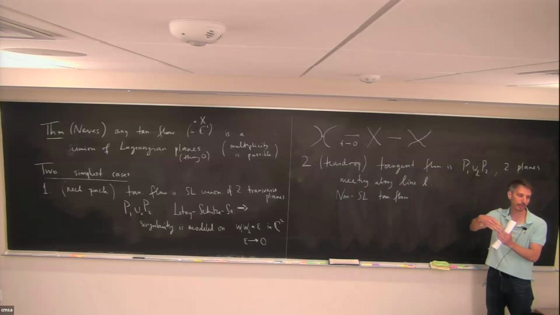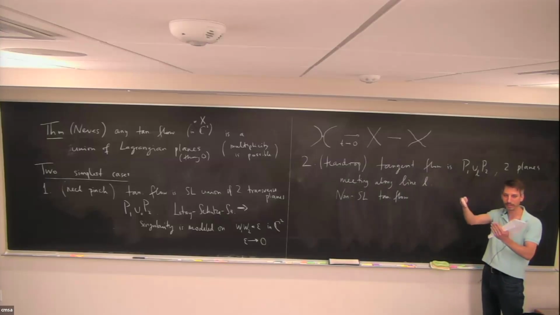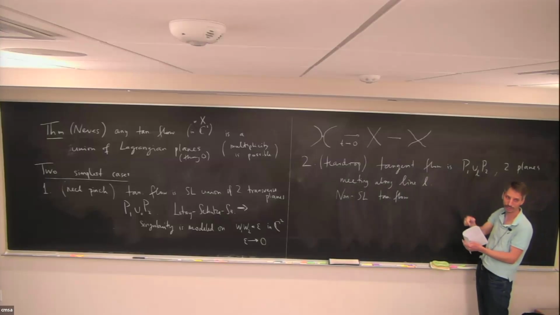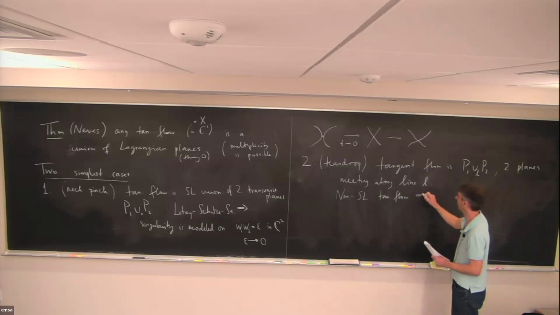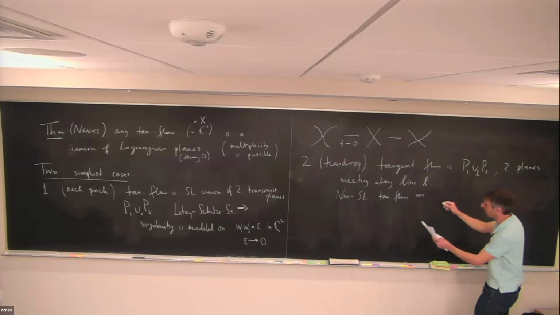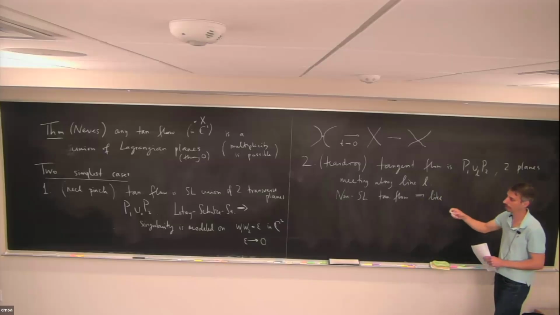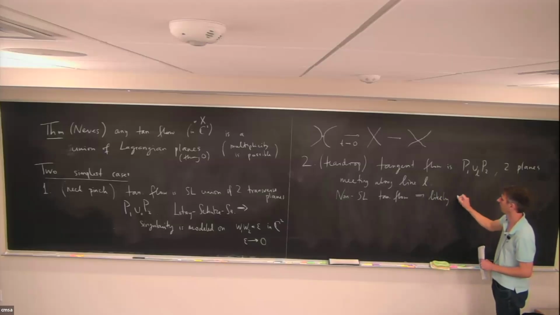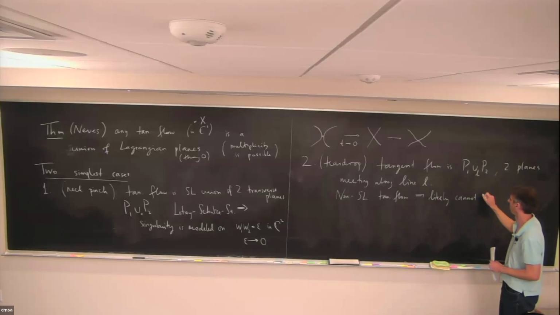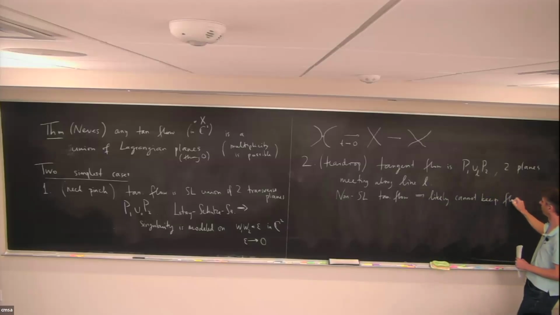Something bad happened to the Lagrangian angle. It has some sort of discontinuity because you had these different pieces with different angles collapsing to a point. I don't know if there's a theorem about this, but likely the flow cannot continue as graded Lagrangians. Cannot keep flowing.